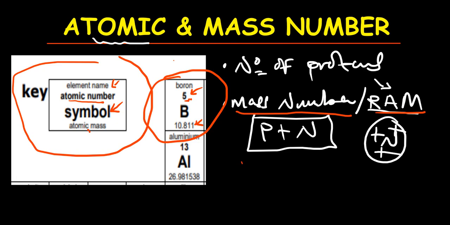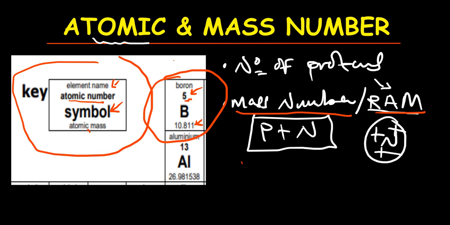An important thing to note is that all the mass numbers on the periodic table were found by finding the relative atomic mass of all the isotopes of a certain element.